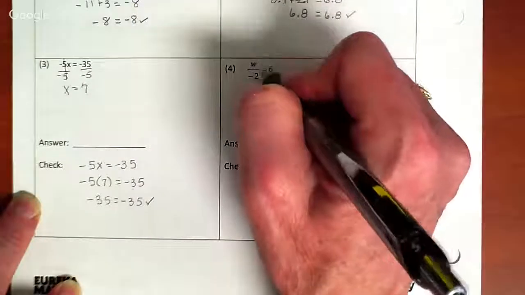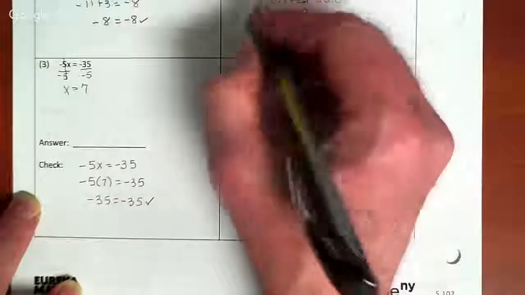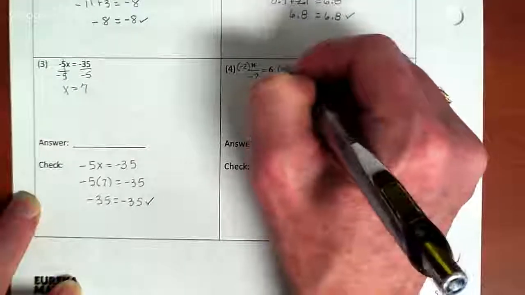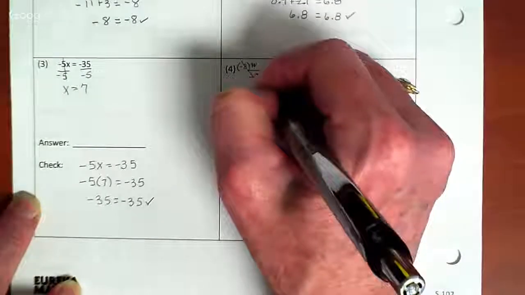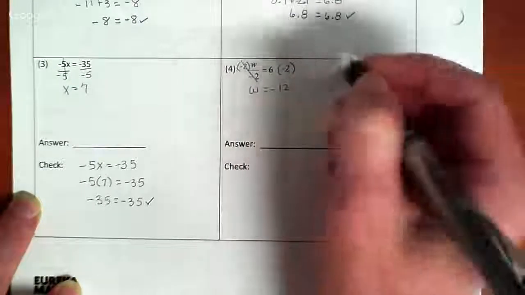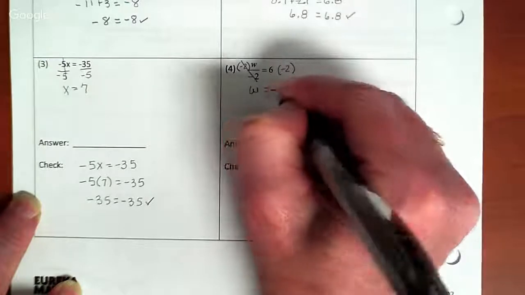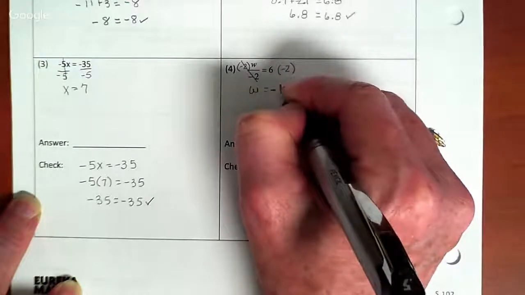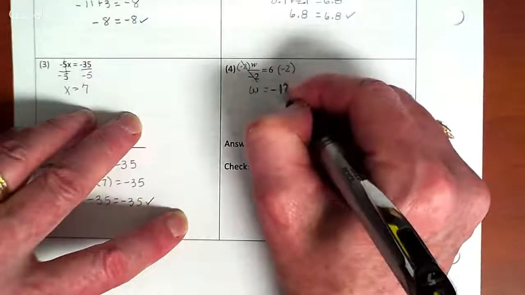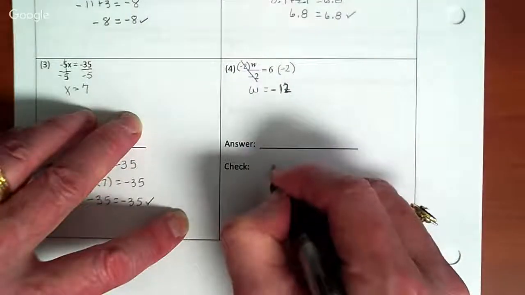Here we have division. W divided by negative 2 equals 6. So negative 2 multiplied to both sides. This cancels. We have W equals negative 12. So now we are going to rewrite our equation.